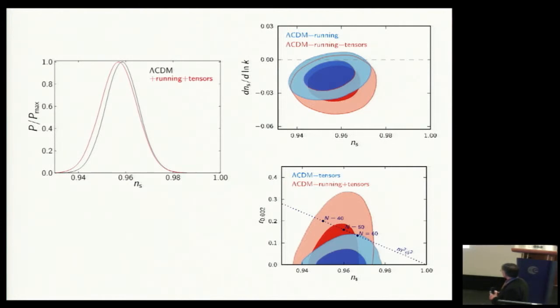You can see that that's just on the borderline of the 2 sigma boundary of this contour. Of course, you should compare this model with the blue contour, because an m squared phi squared model produces negligible running.